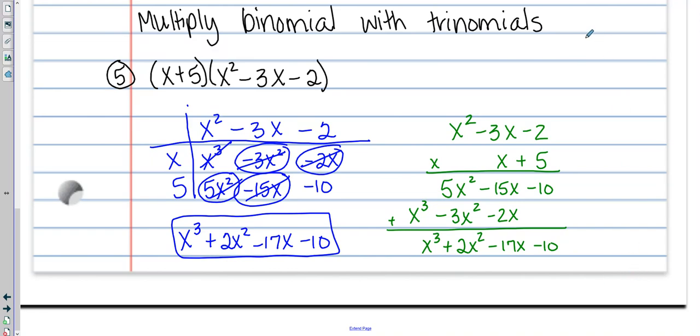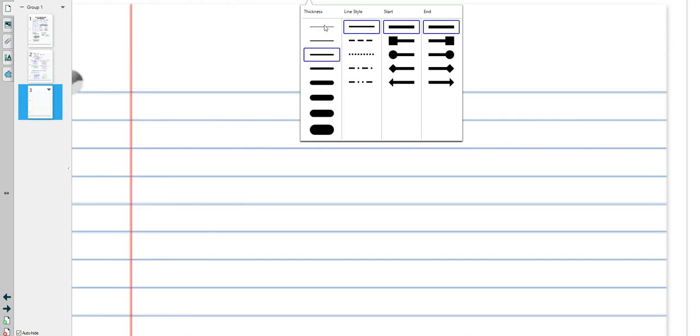Okay, now I'm going to show you one more example. This is number 6. And we have y plus 3 times y to the second power plus 8y minus 2.